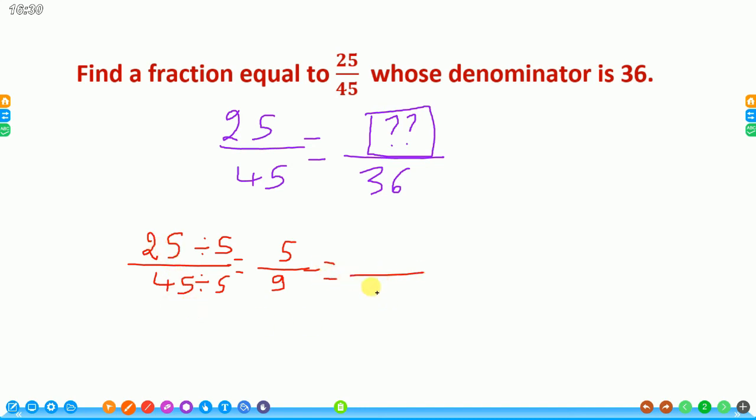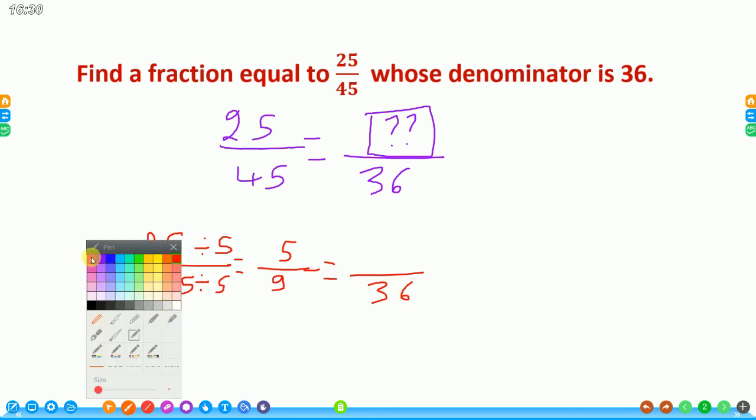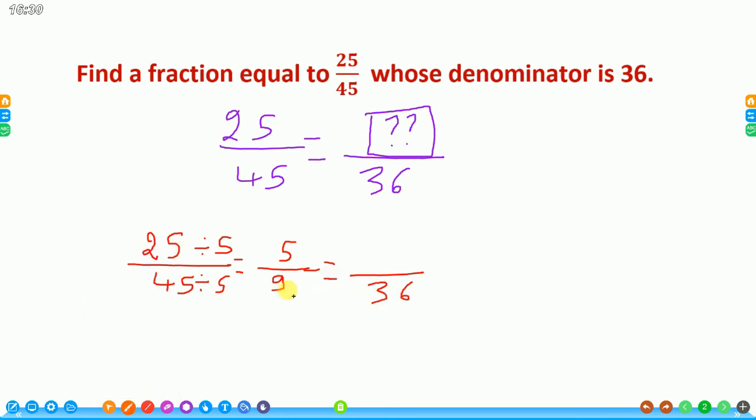Now, from the irreducible form, I deduce the answer. Now, I noted that 36 is a multiple of 9, and 9 times what equals 36? 9 times 4. I multiply the numerator by the same number, and I find the missing numerator of this fraction. And 20 over 36 is the fraction equal to 25 over 45, whose denominator is 36.